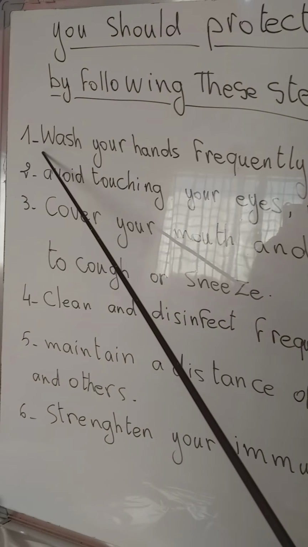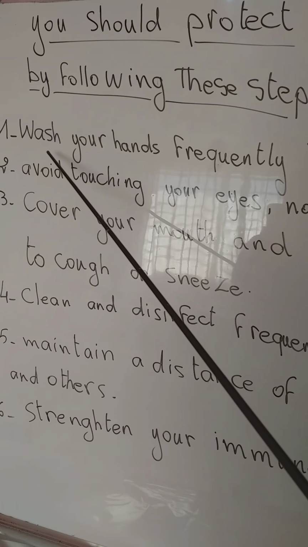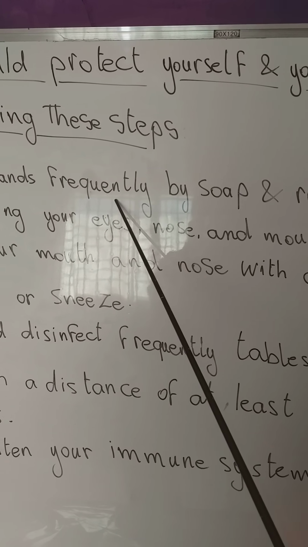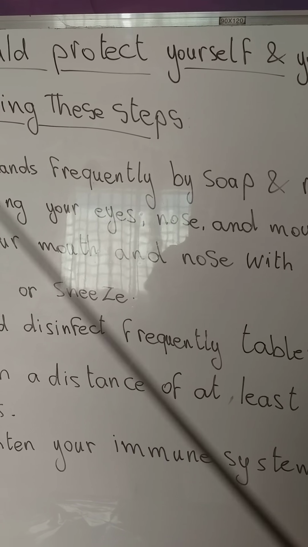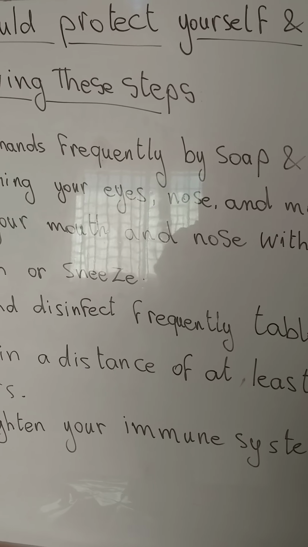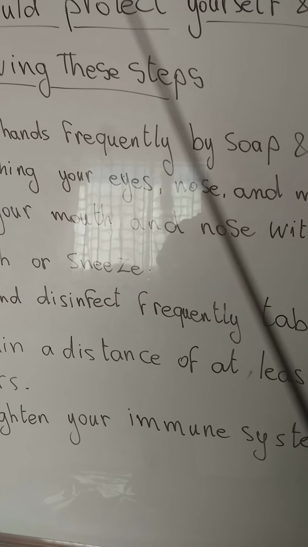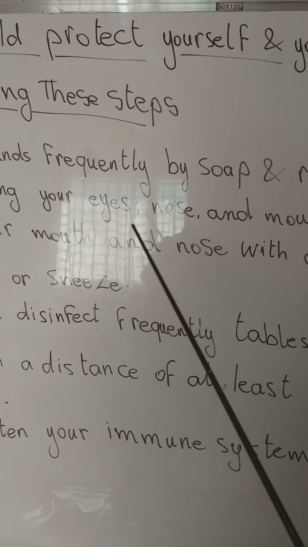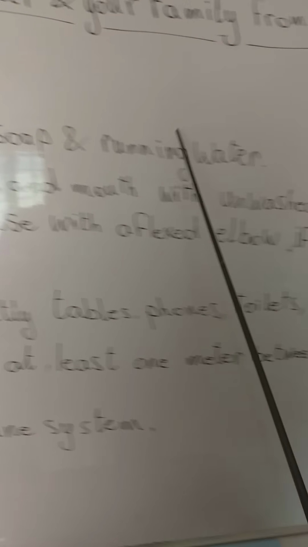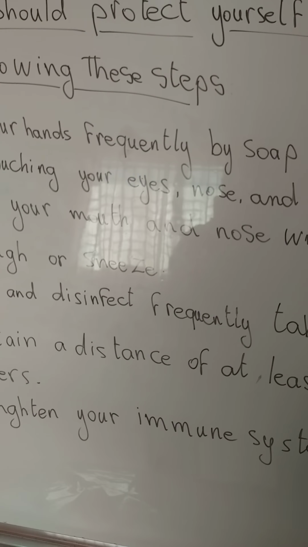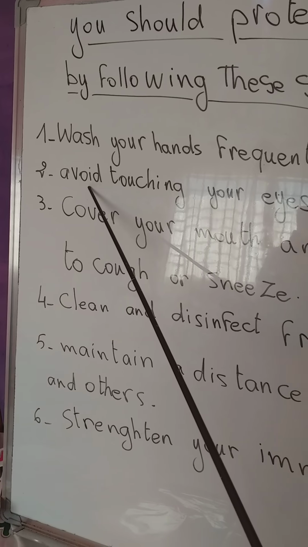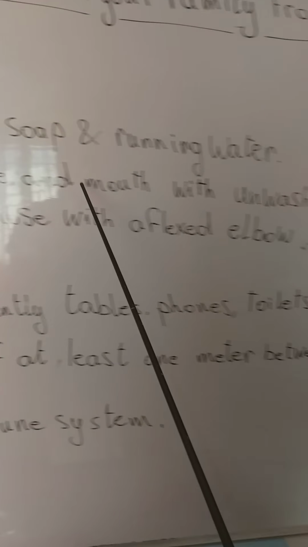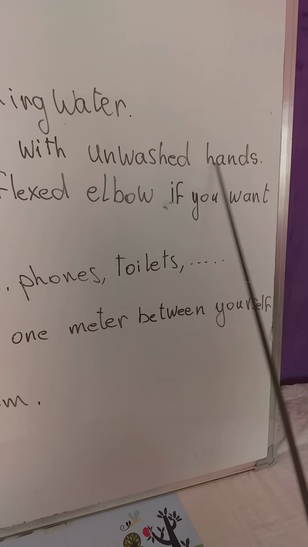So, number one. These are the preventions. Wash your hands frequently. Frequently means many times a day, not just once or twice a day, with soap and running water. Okay? Number 2, avoid touching your eyes, nose, and mouth with unwashed hands.